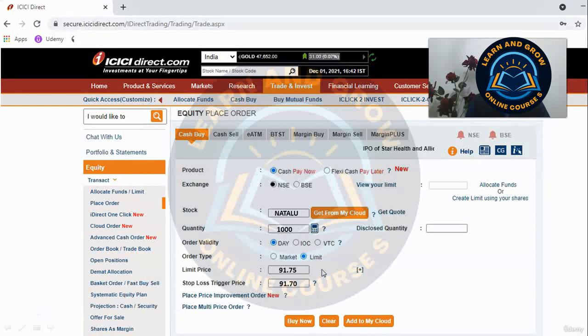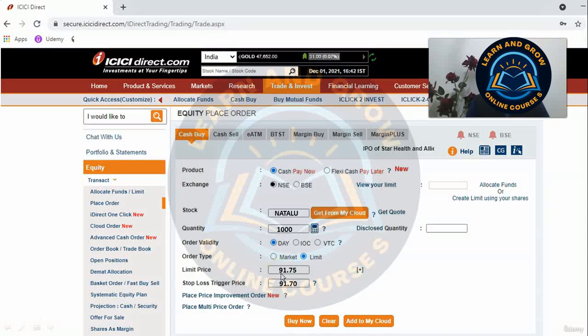So even if I put 89.05 or 89.1 or even 89, my order will get executed and I can purchase at 89 only. But why am I wanting to purchase at 91.75? Why am I willing to pay a price more than the prevalent price at the moment? Now this you will understand when you learn about the strategies. This is only a basic course for giving you a broad understanding. So don't bother about this at the moment.